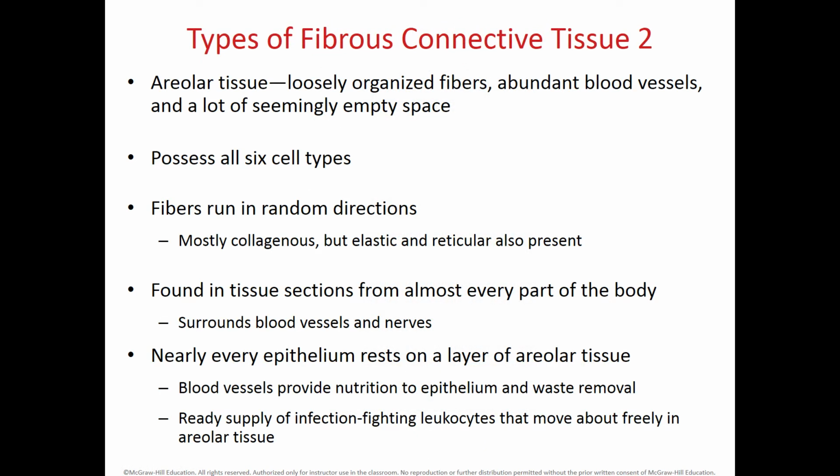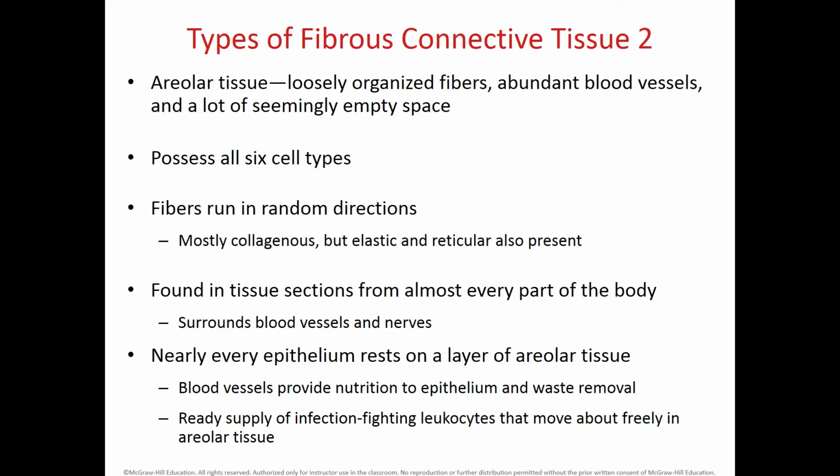Characteristics of areolar connective tissue. So areolar connective tissue has many fibers that are loosely organized, so that means that they run in different directions, and this areolar connective tissue has a lot of vascularity, or abundant blood vessels. So you have very few cells and you have loosely organized fibers, and these make it look like you have a lot of seemingly empty space.